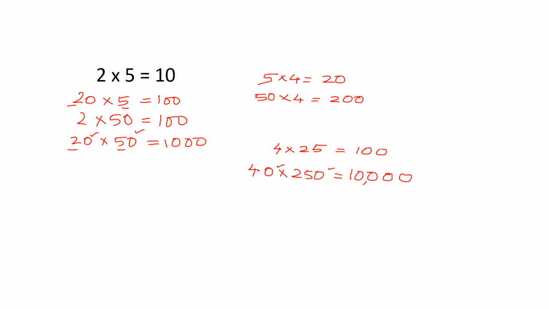So the answers you should be remembering are all the multiples where you get 20, 30, etc. You should be knowing all those multiples. Again, the extra thing that you should be knowing is 4 into 25 is equal to 100. This you will have to write in your notebook. Right now, when you're watching this, take a paper or a book nearby and put it down.